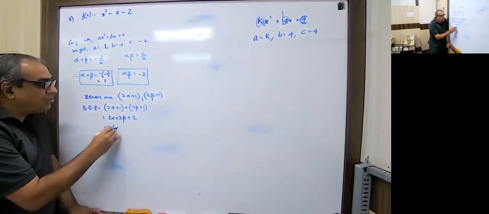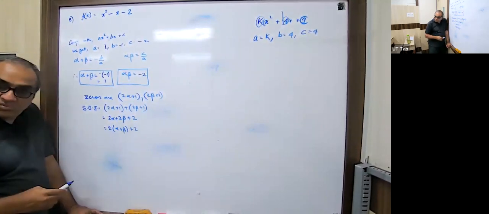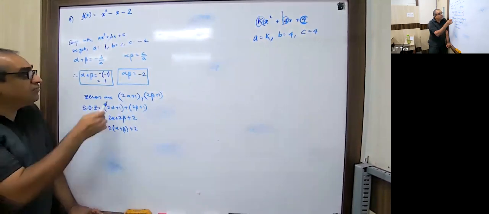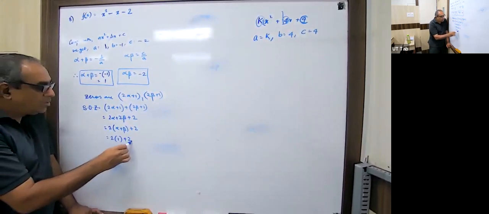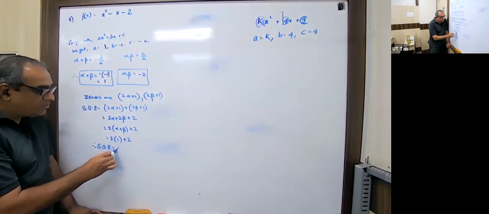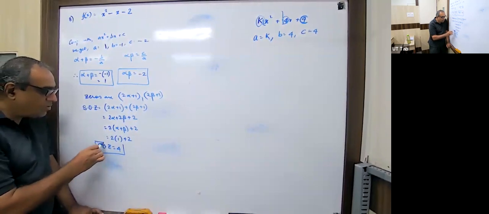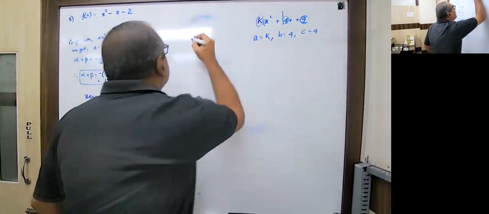That is 2 into alpha plus beta plus 2. But what is alpha plus beta? So what is the sum of zeros? Okay? And what do we need?